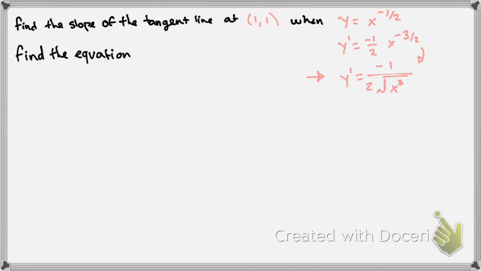Well, we're actually given our x value, so we can plug in 1 for x so that we can find the slope of this line. So let's plug in 1, so we get negative 1/2, square root 1 to the third, and then we're just going to simplify that.